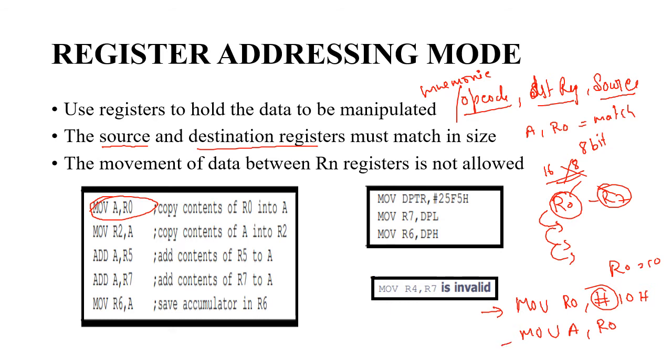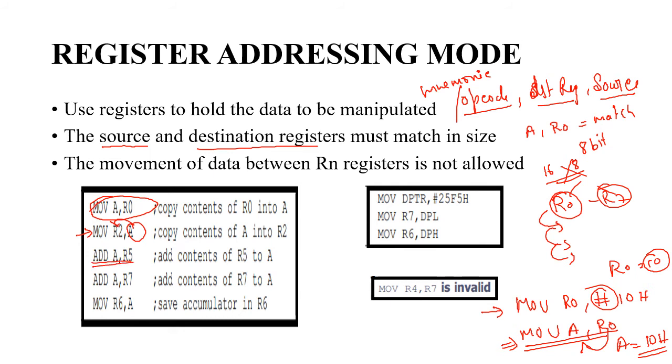If I use this instruction, that is register addressing mode, move A comma R0, the content of R0, that is 10h, will be loaded into the accumulator A. After execution of this instruction, the value of accumulator will be 10h. In this case, the content of accumulator is copied to R2 register.